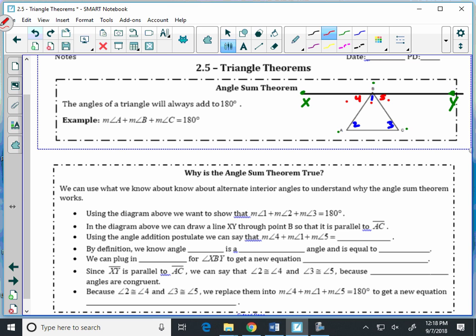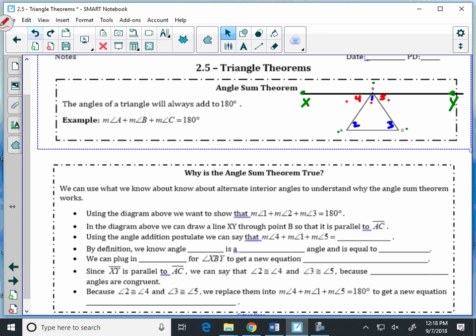What's the angle right here that they make up? We'll name it X, B, Y, right? If we take these three angles, they create this angle right here, X, B, Y, using that angle addition postulate. Kind of like linear pair angles, but there's three of them.